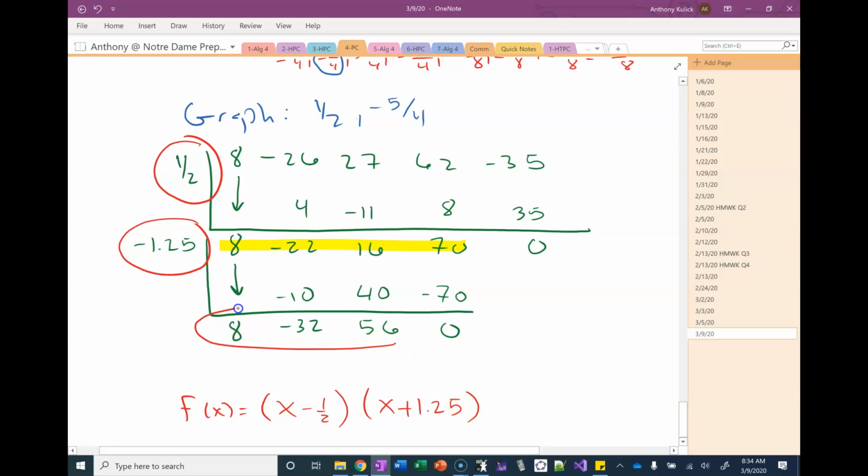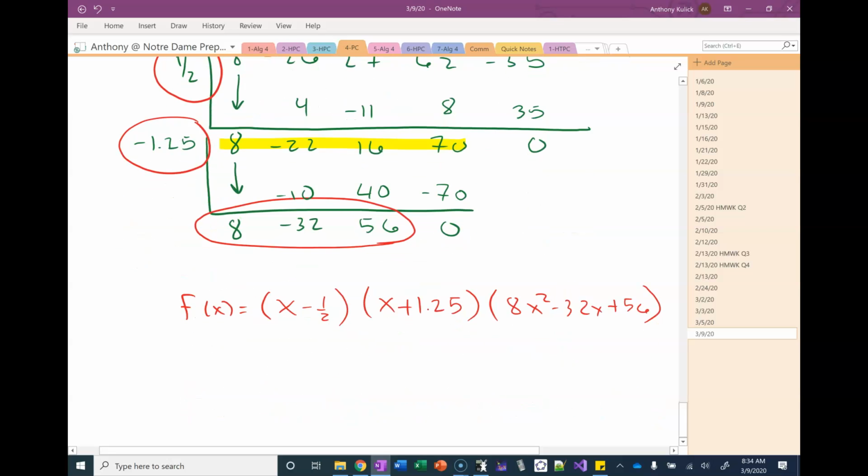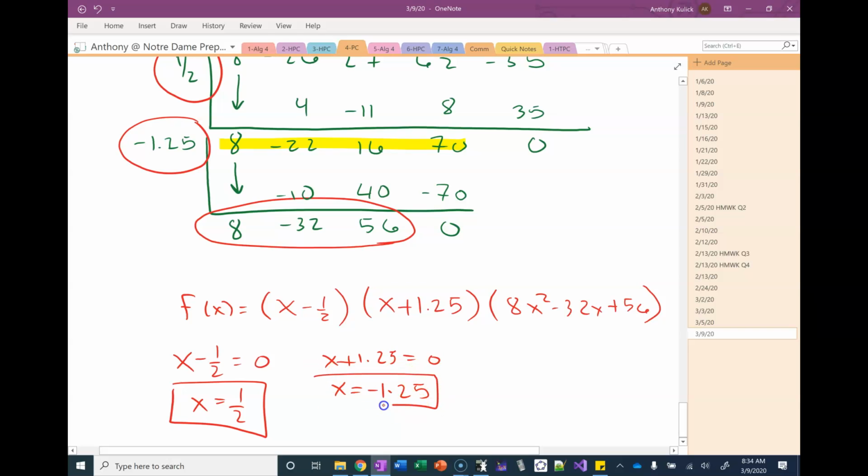And then my last factor comes from this stuff, which is? Very good. Are we all okay there? So then I take each one of these factors and I set them equal to 0.